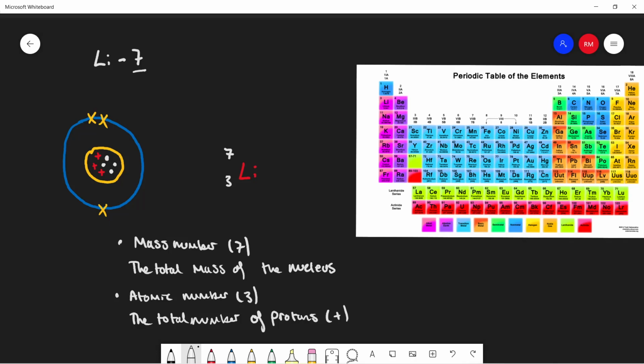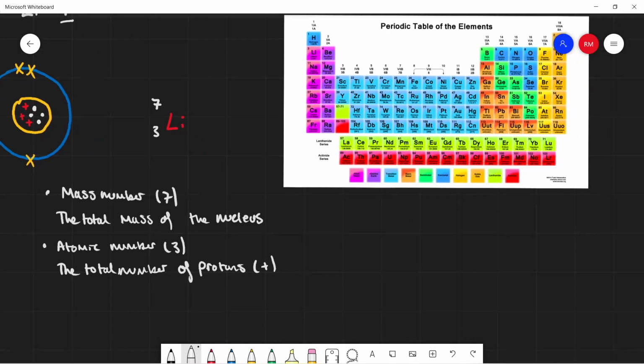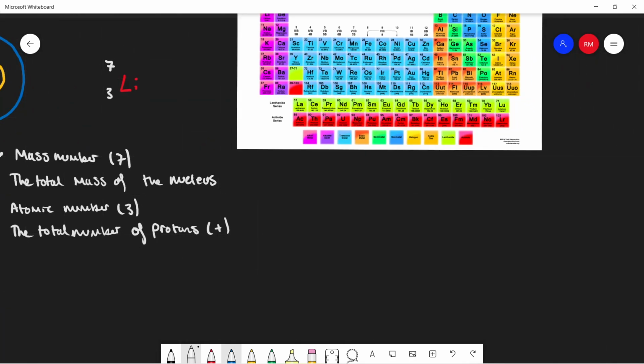So, what do you mean by masses then? What do I mean by masses? Well, if we just scooch over here a second, in the nucleus, now we're going to start talking about subatomic particles here. We have neutrons, and we also have protons.